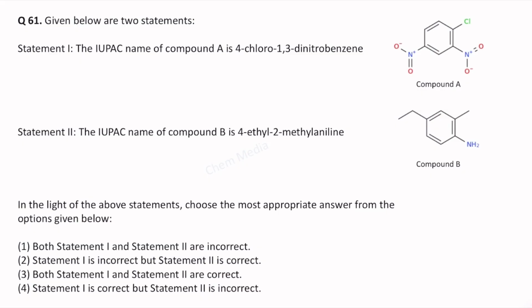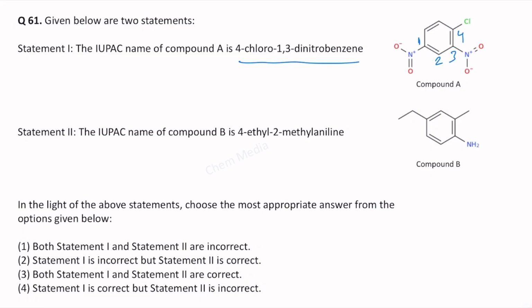2 compounds are given, their IUPAC names are also given, and we need to figure out whether they are correct or not and then pick the correct statement. Compound A name is given as 4-chloro-1,3-dinitrobenzene. Both halogens as well as nitro groups are substituents. So this means that the numbering is done this way: 1, 2, 3, 4. But is that correct?